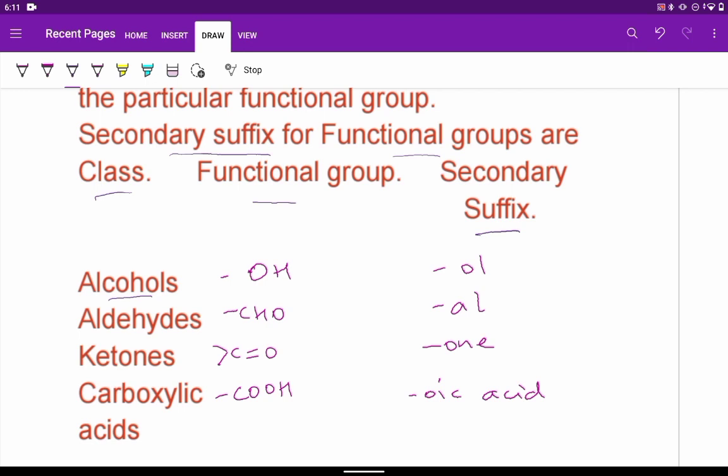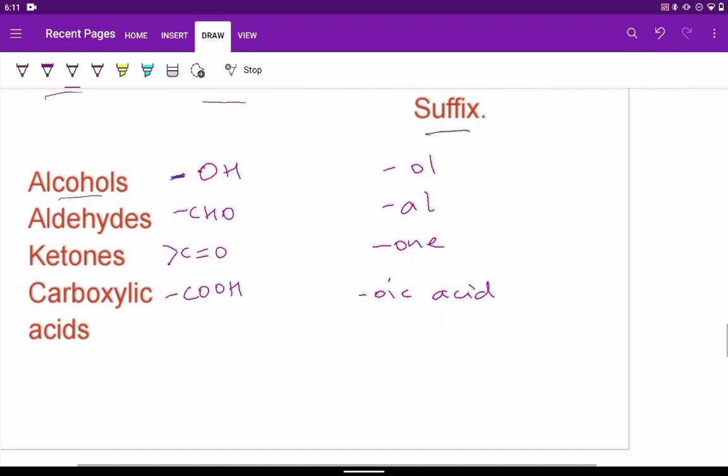Dash OH suggests that the oxygen is attached by a single bond to some carbon. So alcohol is OH, suffix is OL, as in the case of ethanol. One example, ethanol, is an alcohol.